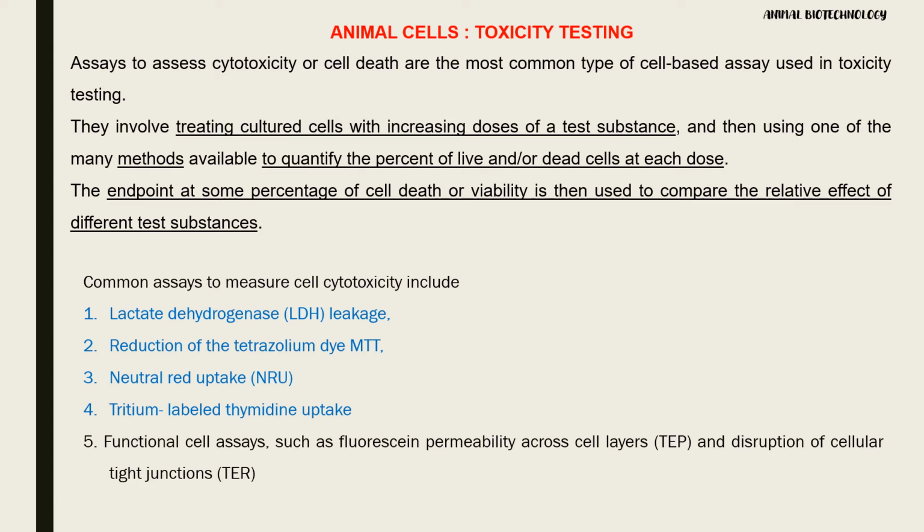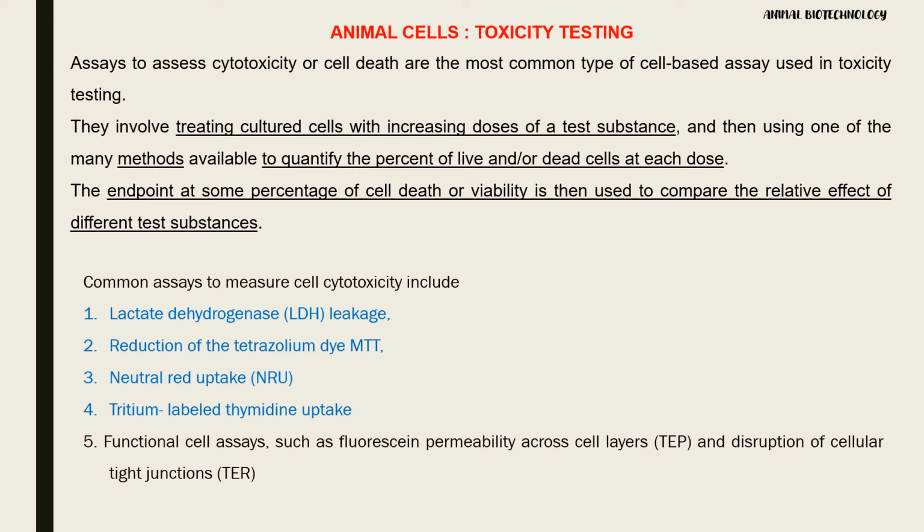The endpoint at some percentage of cell death, for example, the most commonly used LC50 or IC50, is then used to compare the relative effect of different test compounds.